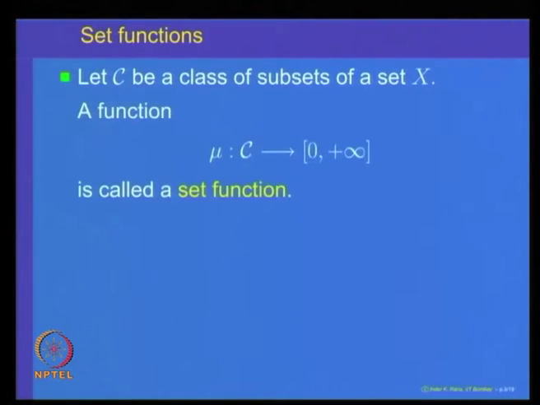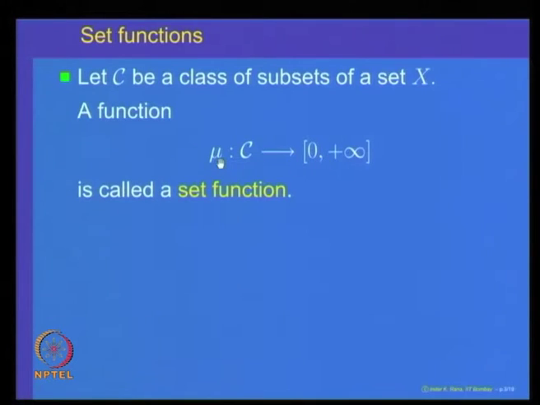Any function mu, so this is a Greek symbol called mu, defined on the class of subsets C of a set X and taking non-negative extended real values. So, this interval 0 to plus infinity, both included, denotes the set of all non-negative extended real numbers.